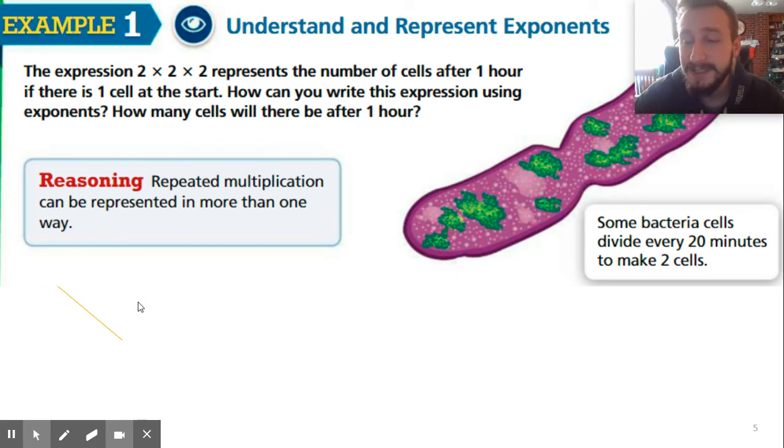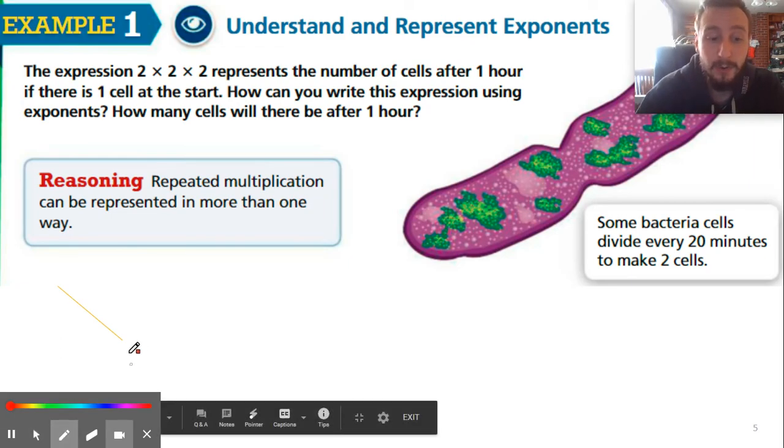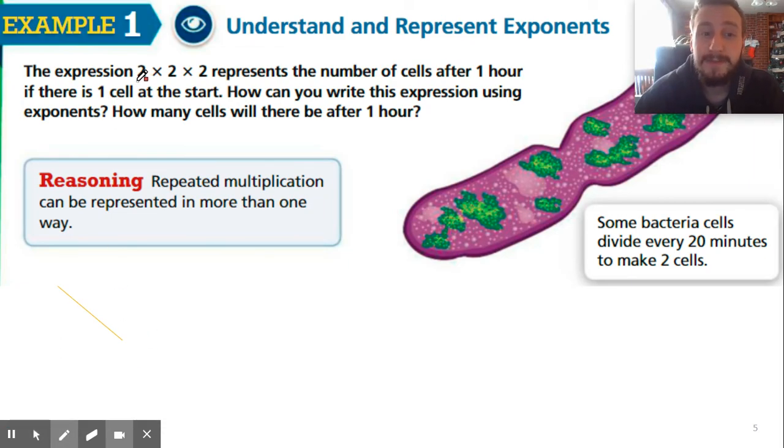How can you write this expression using exponents? And then it says how many cells will there be after 1 hour. So what the video was saying is that when we have repeated multiplication of the same number, we can use the exponent in order to describe it. So we have 2 times 2 times 2. When we want to write that in its exponent form, the base is the bottom number. What number do you see multiple times here? 2. So my base is 2.